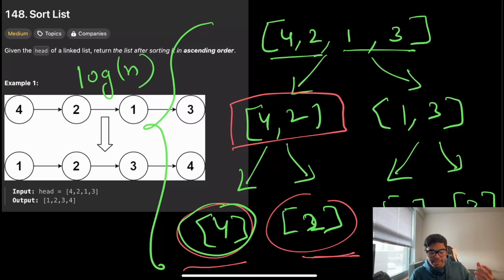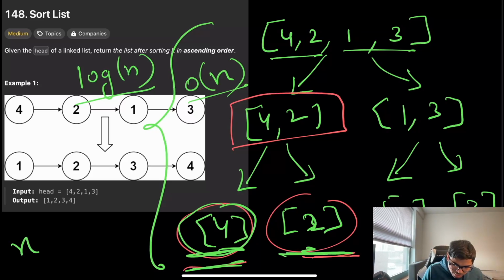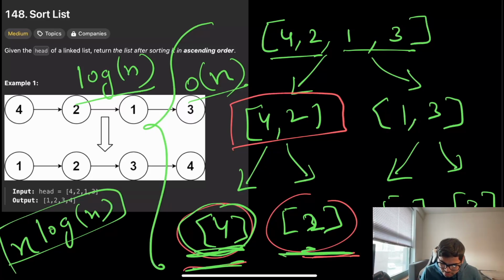Then it will take you log n time to reach the leaf nodes where you end up with one value. Then merging two sorted lists together takes O(n) time complexity. So together this solution would be O(n log n) time complexity. And remember, merging two sorted lists is basically O(n).